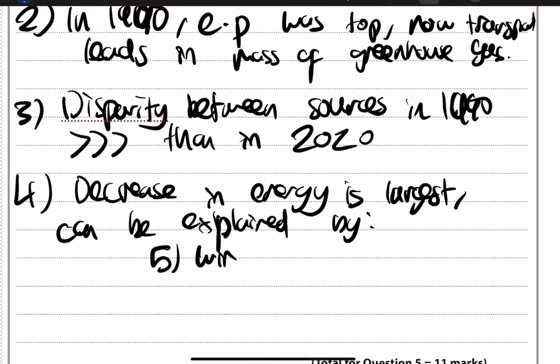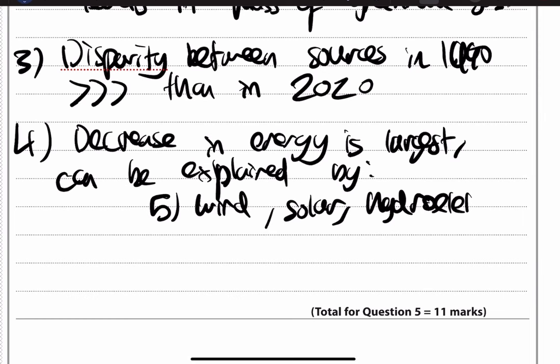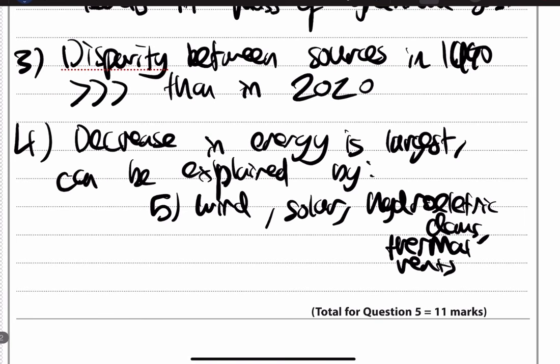So wind power, solar power, hydroelectric dams, geothermal vents, right? We're using those. So there are just so many things you can say.